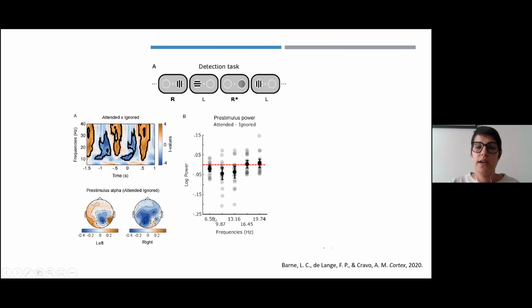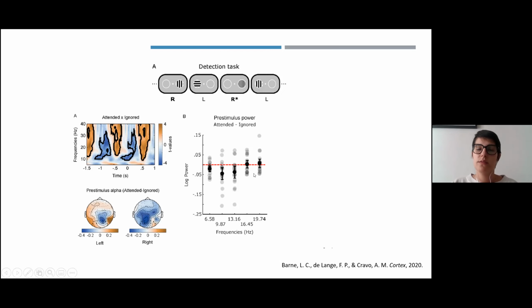So these are the frequencies that I estimated in that short time window before my standard stimulus. You can see that it goes from 6 until 20 hertz, more or less. And the only frequency that is significant here is this one, almost 10 hertz.